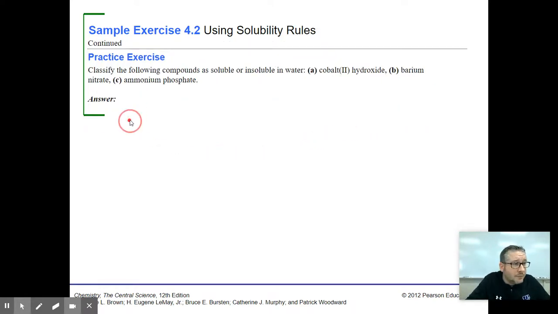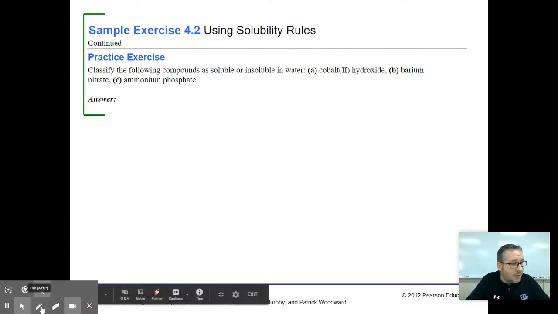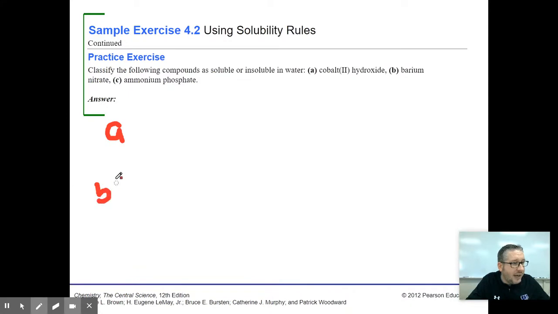So A, B, and C. It's been a while since I've written on here. So practice exercise here, again using the solubility guidelines: classify the following compounds as either soluble or insoluble in water. So cobalt 2 hydroxide. We shift our attention to hydroxide.